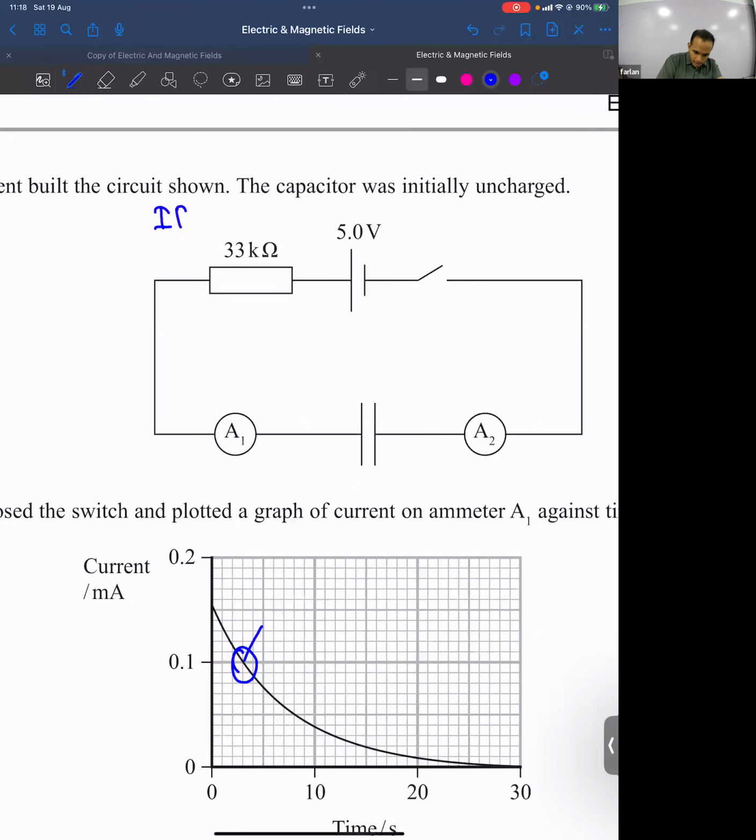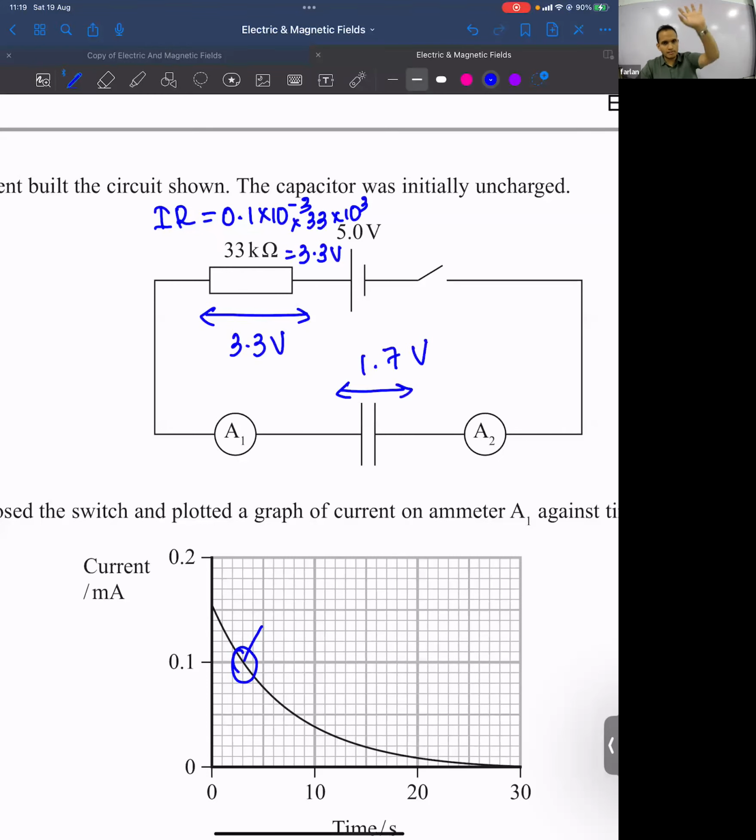If I use V equals IR for this resistor, I is 0.1 into 10 to the power minus 3 and the resistance is 33 into 10 to the power 3. At that time, this voltage is 3.3 volts. At that moment, the voltage across the capacitor will be 1.7 volts, because the battery has 5 volts.